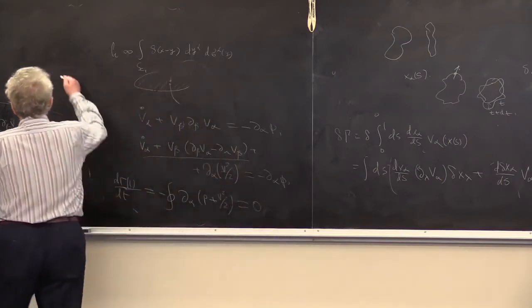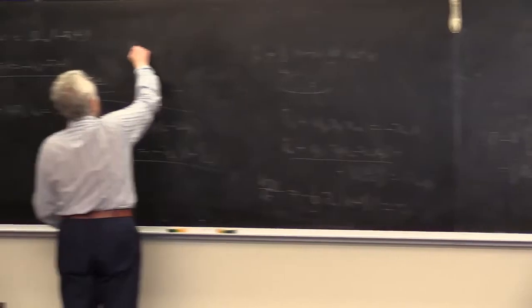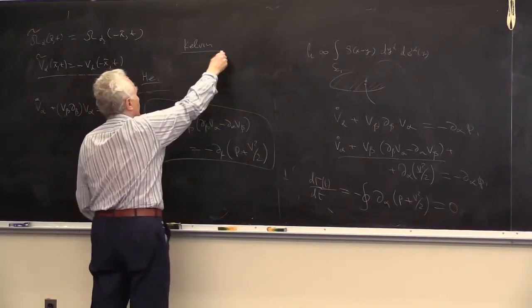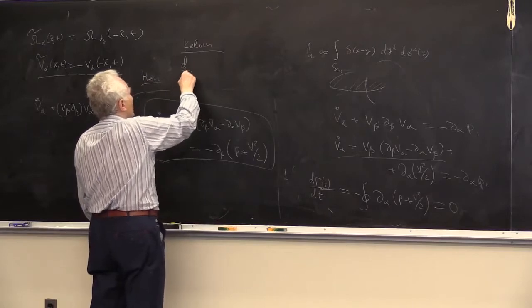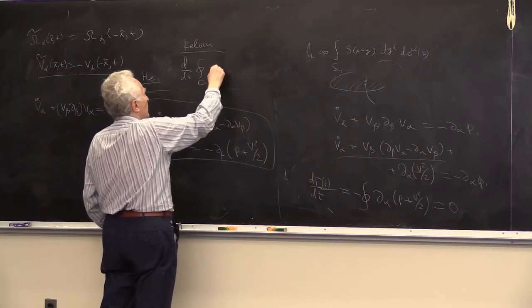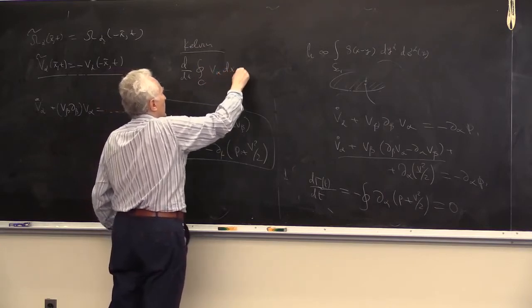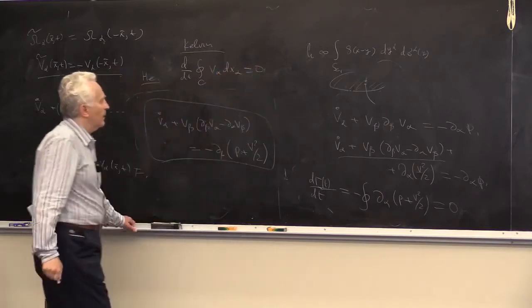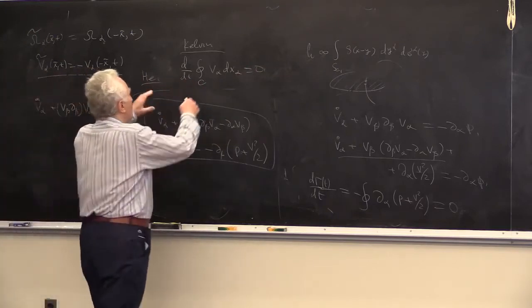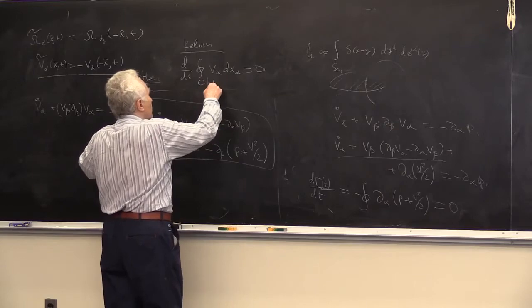And that's what is called the Kelvin theorem, Kelvin circulation theorem, which is very useful for qualitative analysis of the flow. The total derivative, or Lagrangian derivative, if you want, of the integral of v alpha dx alpha is equal to 0. By this derivative, once again, one means that the contour itself depends on time.